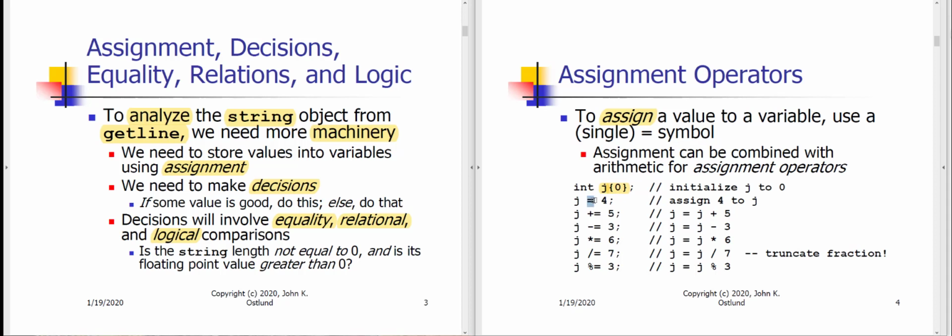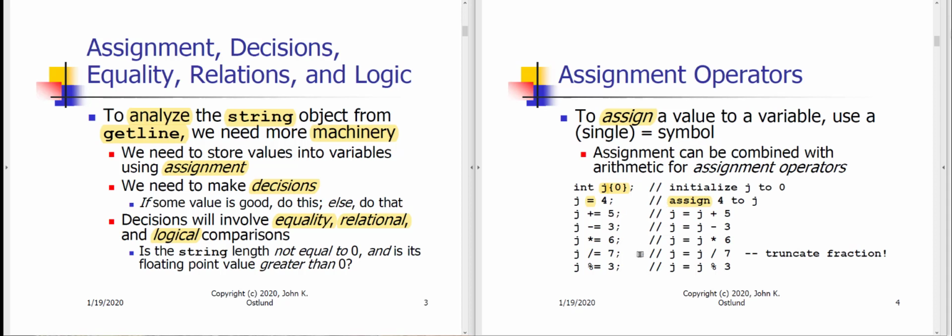A single equal sign into a variable that already exists, and in this case j exists now because I've declared it and I've initialized it to contain a 0, is the assignment operator, and it does the obvious thing. j = 4, so j started out containing a 0, and now j contains a 4.